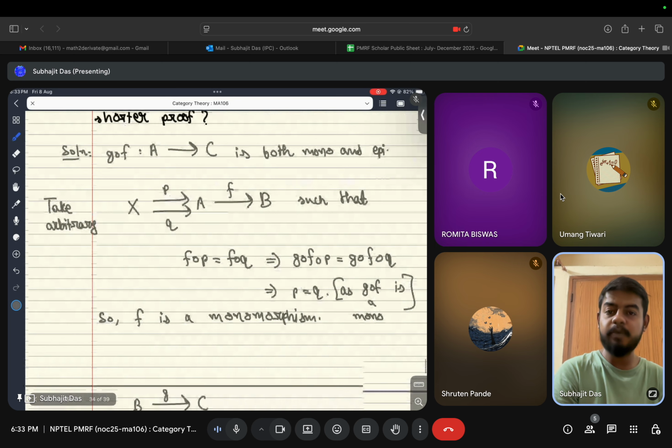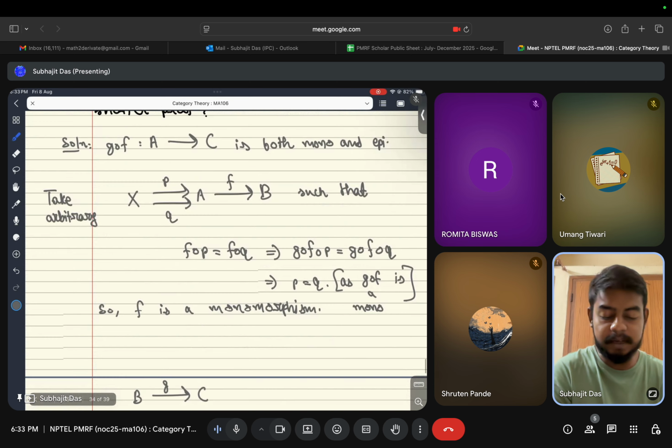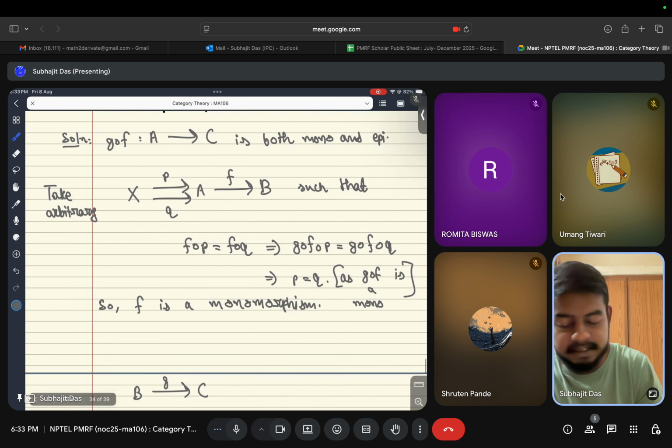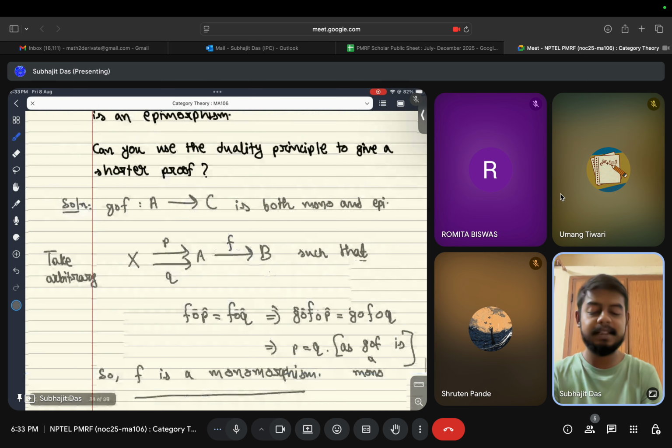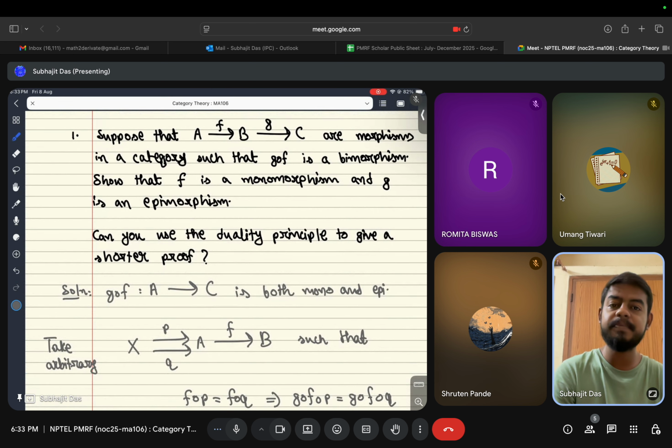So how can we use the duality principle to shorten the proof? Suppose that we have already arrived at this. Suppose we have already proven this, that whenever G composed F is a morphism which is both mono as well as epi, then F is a monomorphism. Suppose we have proved this.